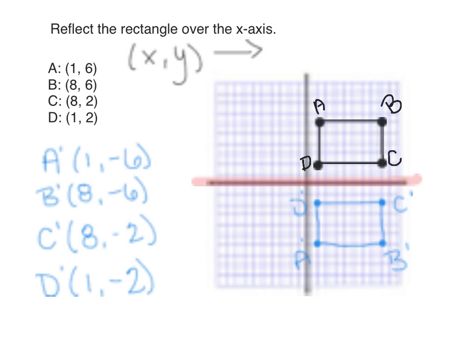My y values are almost the same, however, they've all become negative because I have now switched to quadrant 4, where all of my y values are negative. So if I'm writing my rule, x has maintained the same number and the same sign, whereas y has become negative. So this rule here, (x, y) goes to (x, -y), is the rule that I can use if I'm reflecting over the x-axis.